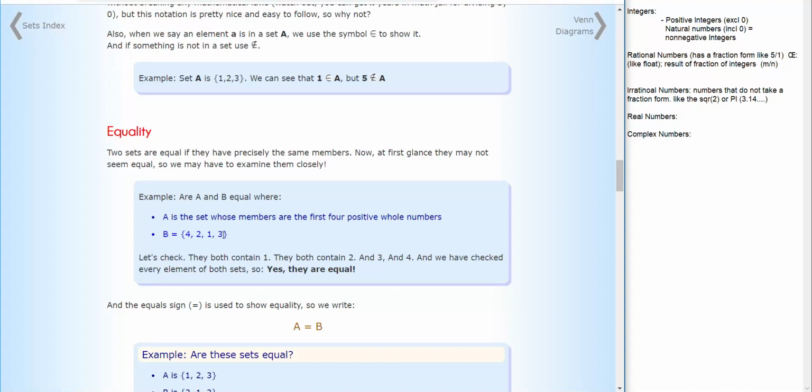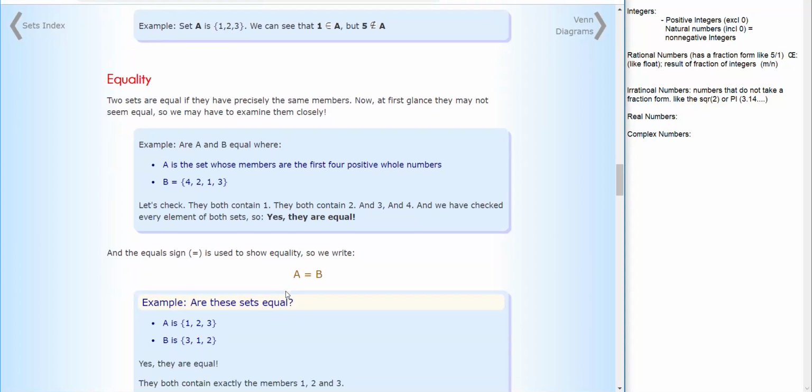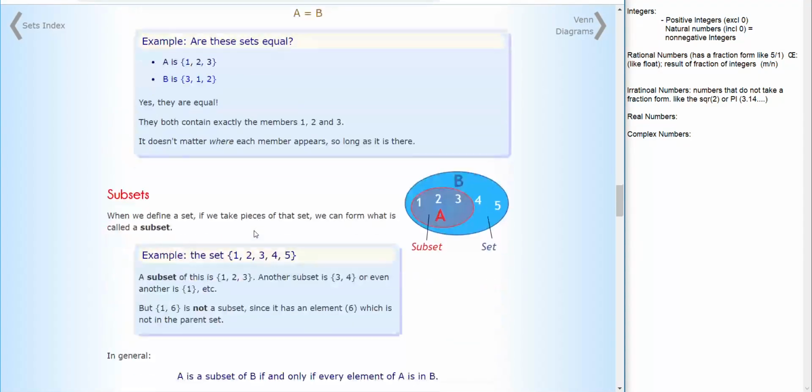B is 4, 2, 1, 3. They both contain 1, 2, 3, 4. Every element of both sets. So yes, they are equal. Equal sets is when every single element within the set matches. So A equals B.